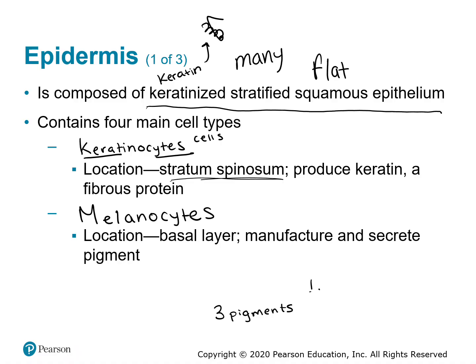There is melanin, there is keratin, and I don't know if that's spelled right. And then there's a third one that I don't remember right this moment, but it'll come up later, probably. Okay?